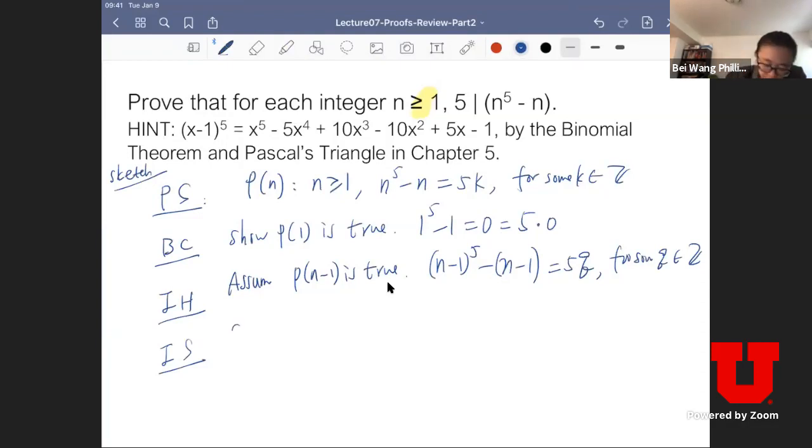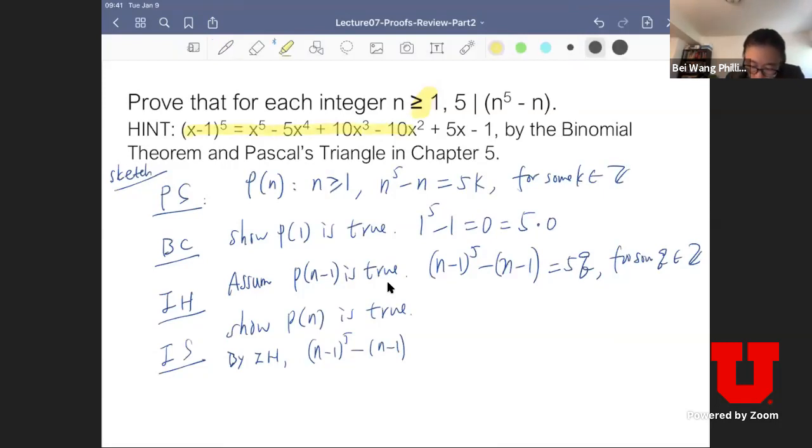And now for the induction step, we want to show P of n is true, okay? Right, so now we have to use the induction hypothesis. Let's go back to the induction hypothesis. Based on the induction hypothesis, (n minus 1) to the power 5 minus (n minus 1), I can expand (n minus 1) to the power 5.